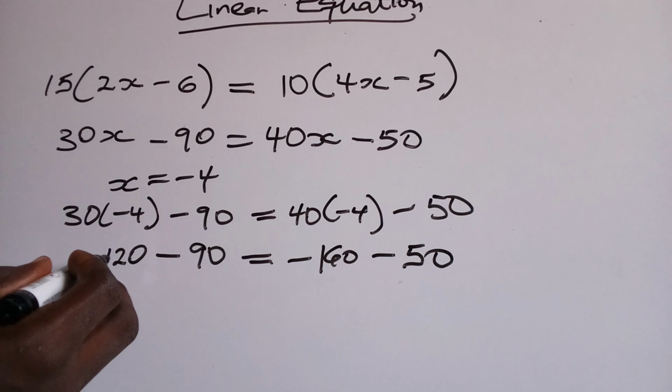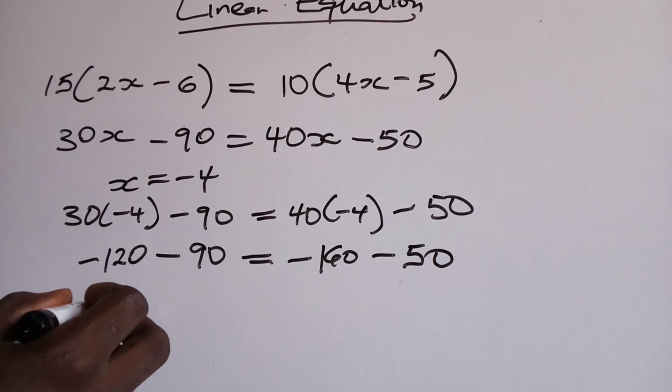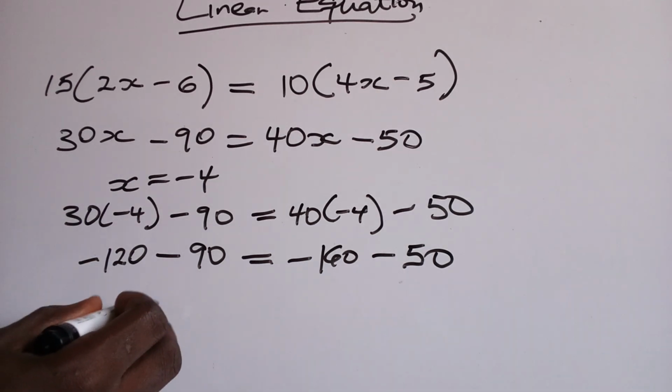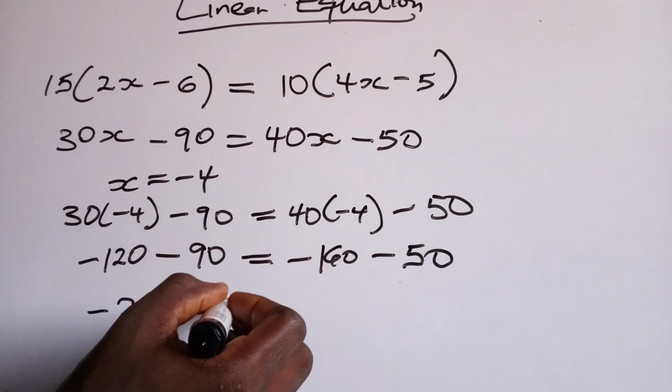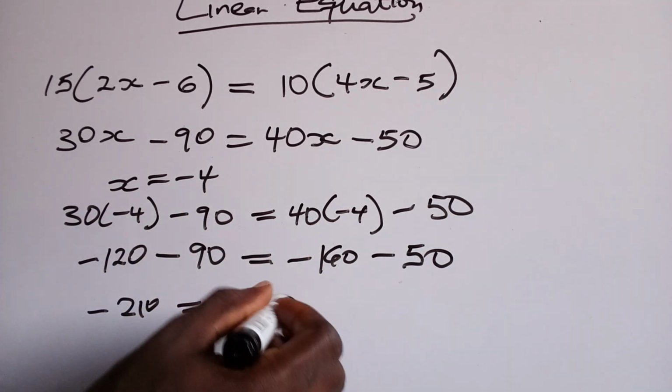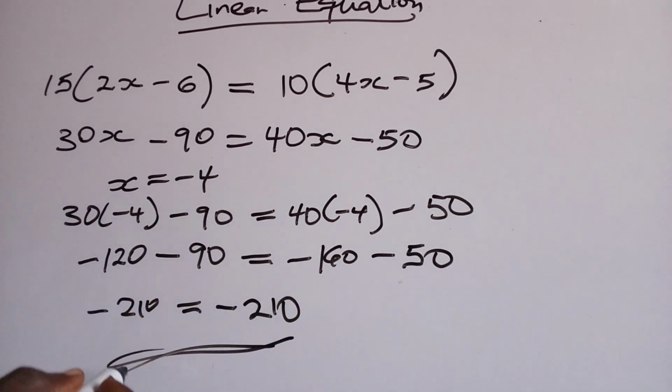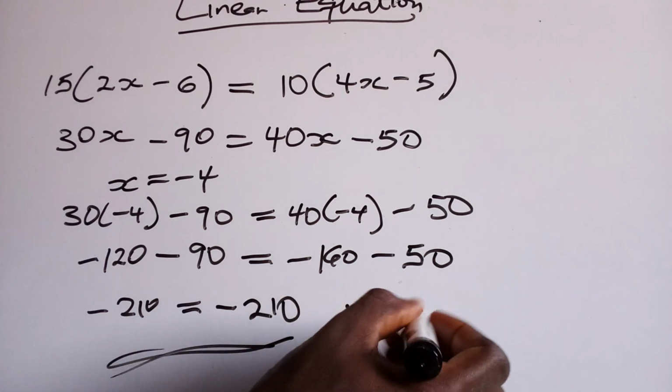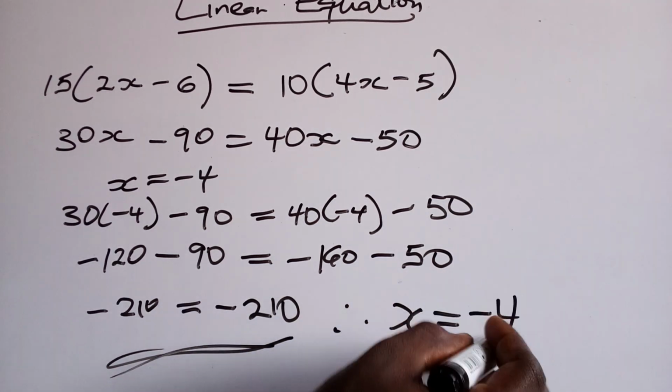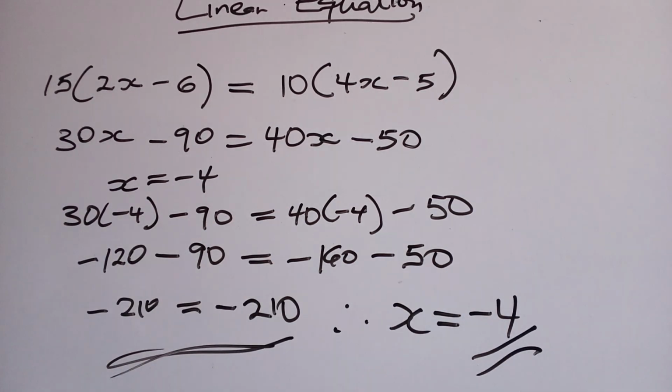So this one will give us minus 210 equals minus 210. So the value of x equals minus 4 is the correct answer for this.